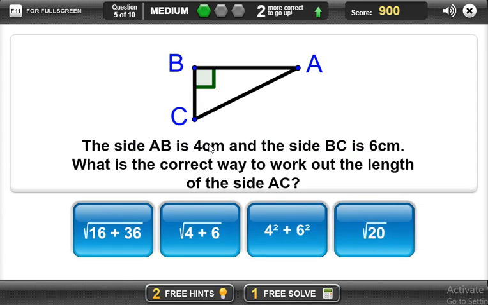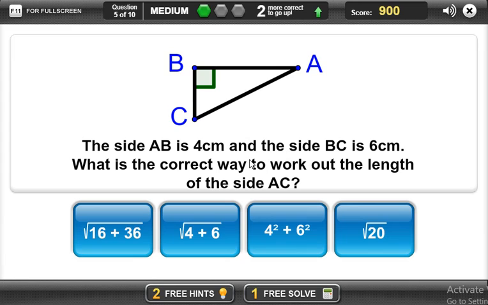The side AB is 4 centimeters. The side BC is 6 centimeters. Remember, this is not to scale, because they're saying that this is 4 and that's 6, which doesn't seem to make sense, but that doesn't matter, it's not the point of what we're doing here.